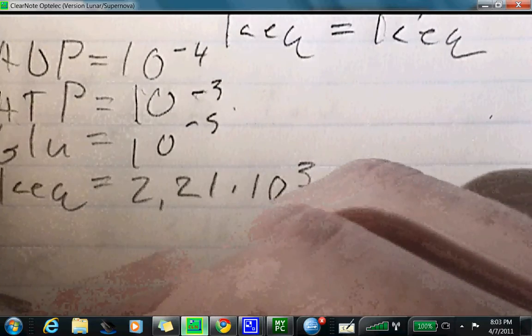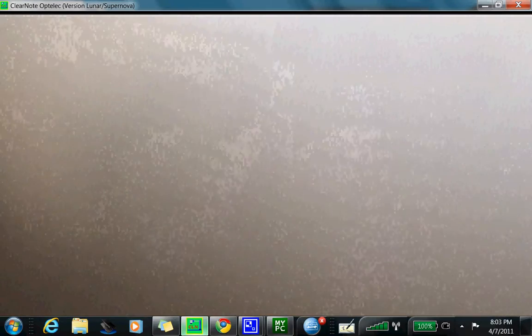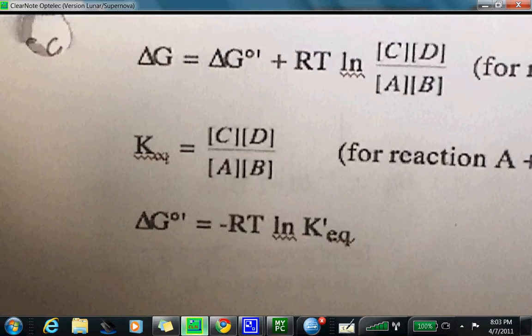So our Keq is going to equal this right here, products over reactants.